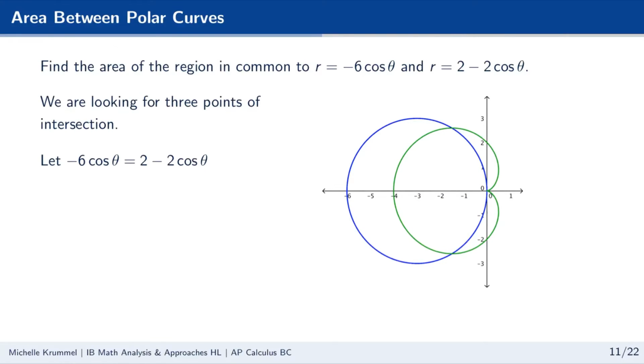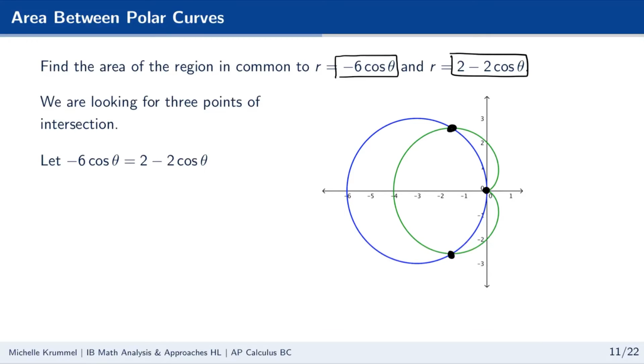Now we're going to need to find the points of intersection. And I can see I've got a point of intersection here and here. And then there's also one at the pole. And remember, points of intersection at the pole can be tricky, so we might have to find those separately. But in general, we've got here that r equals -6 cosine theta, that's our circle, and r equals 2 minus 2 cosine theta, that's our cardioid.